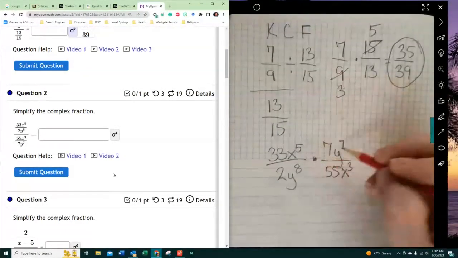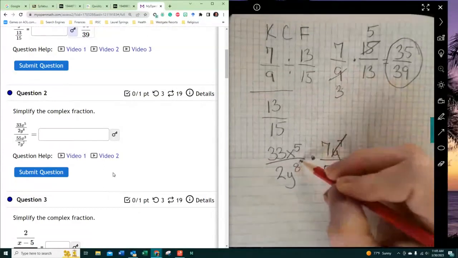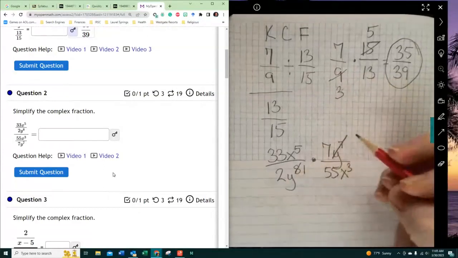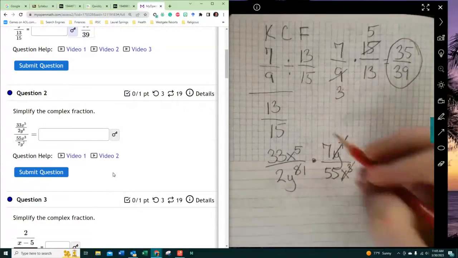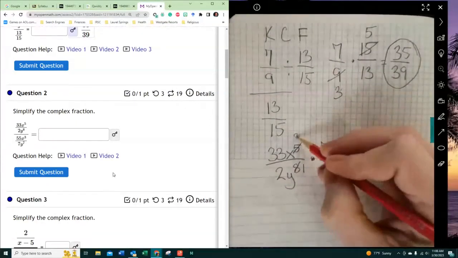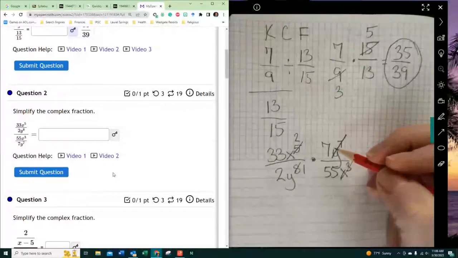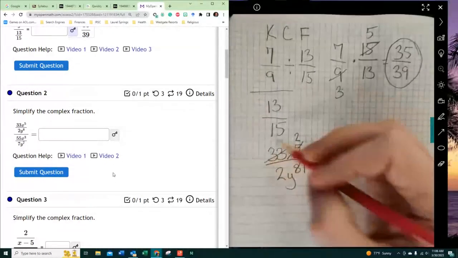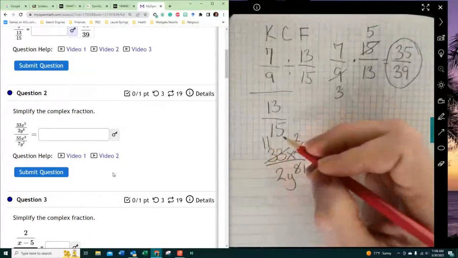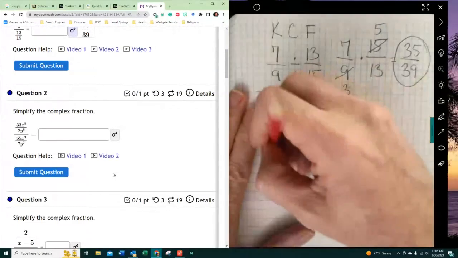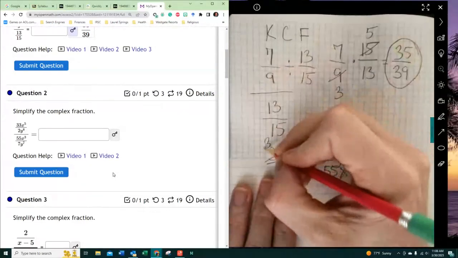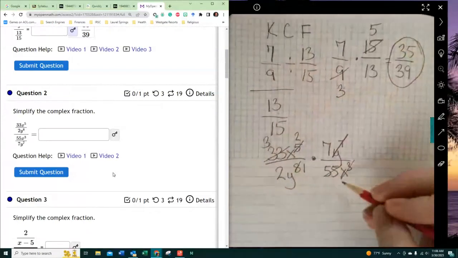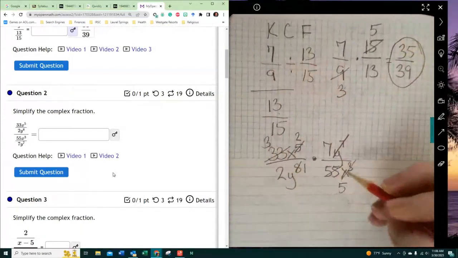Now we look at this and see that 7y's takes away 7y's here, leaving us with 1y. 3x's here wipes out 3x's here and makes it become x squared. 11 goes into 33 3 times, and 11 goes into 55 5 times.